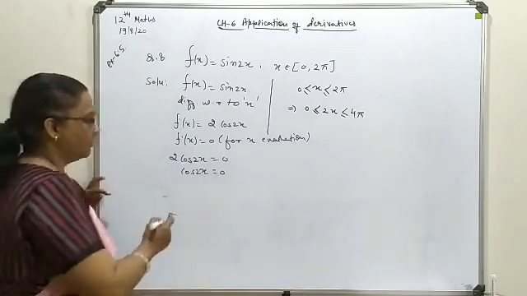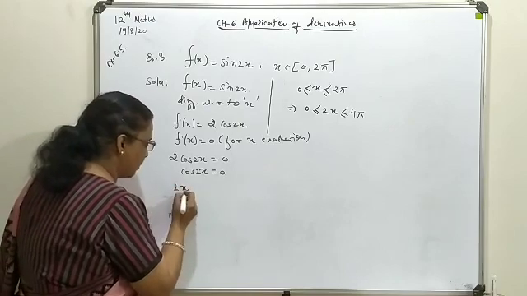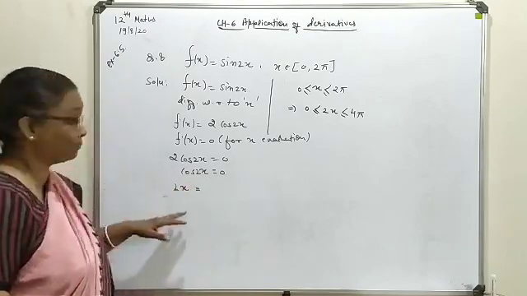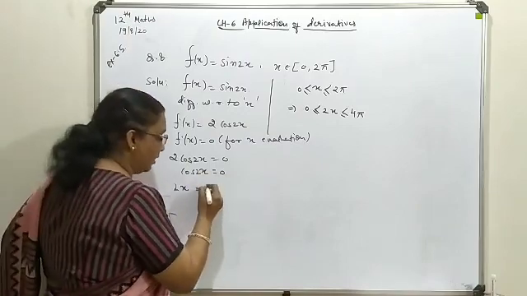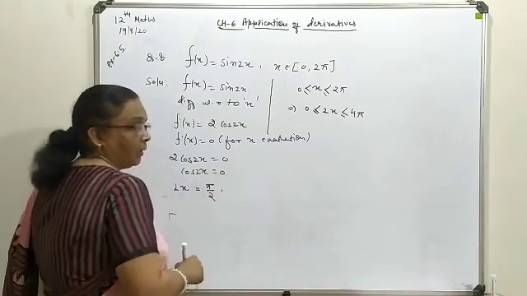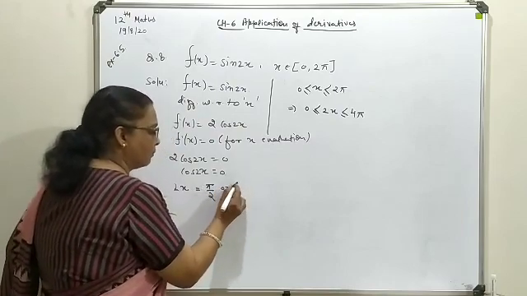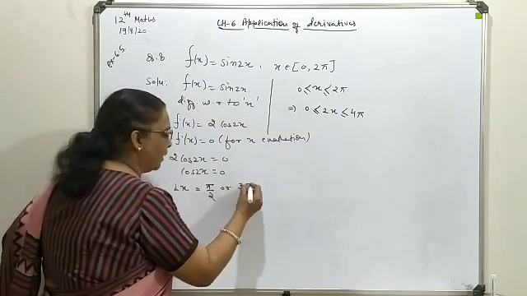So here you see this 2x you can write as, first of all, 90 degrees, π/2. Second it will give you 3π/2.